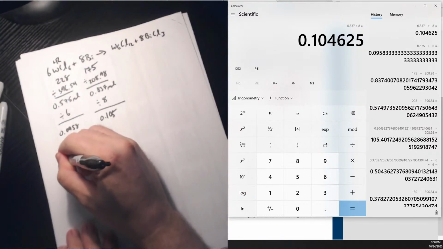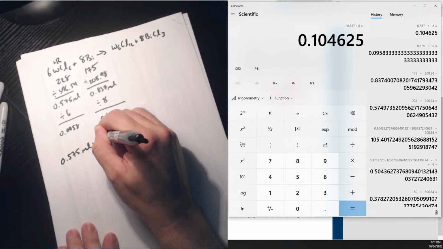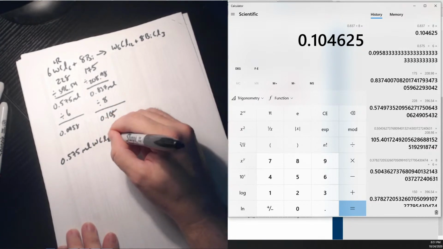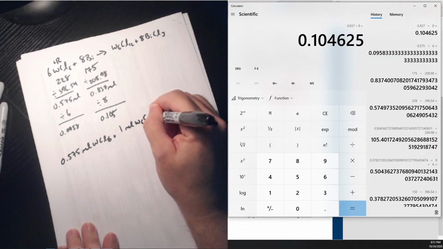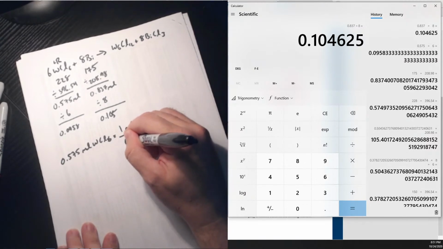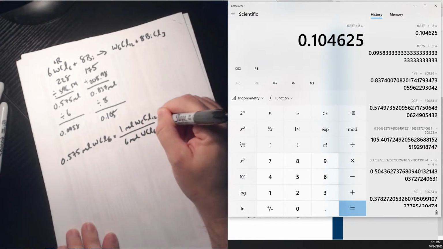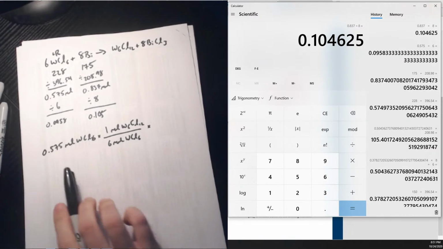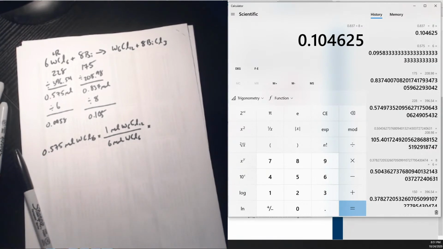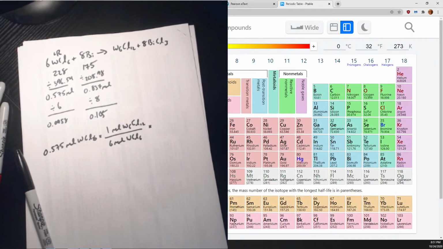So 0.575 moles of our tungsten hexachloride times 1 mole of W6Cl12 divided by 6 moles of WCl6 times what is the molar mass of our hexatungsten dodecachloride. I don't remember the molar mass of tungsten. 183.84.